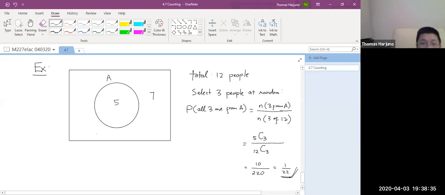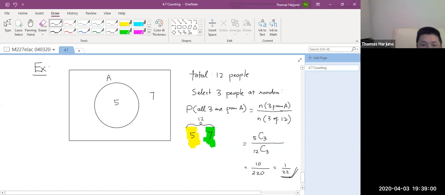Now, you can also see it this way. We actually have two groups here, the one from A and the one not from A. From A, there are 5 of them. Not from A, there are 7 of them, a total of 12.